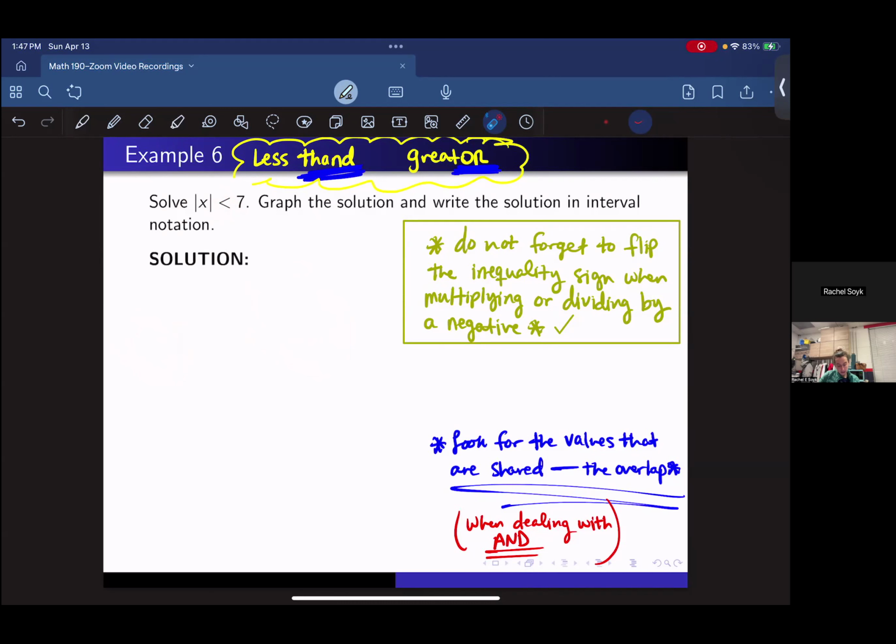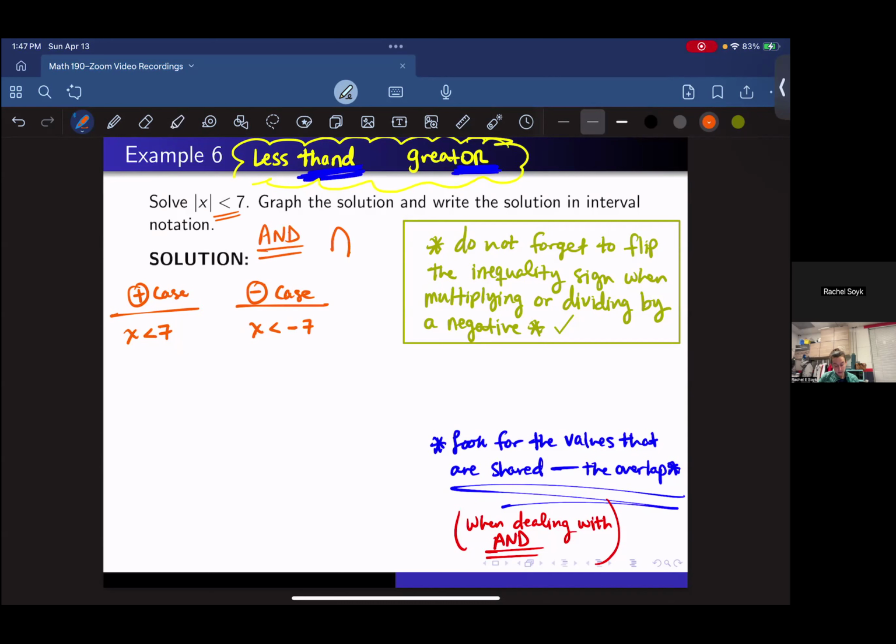So let's again zoom in on this example. We have a positive case, and then we have a negative case. Our positive case, we just drop the absolute value. Negative case, we drop it and then multiply that right-hand side by a negative. And because it's less than, we're looking at intersection.